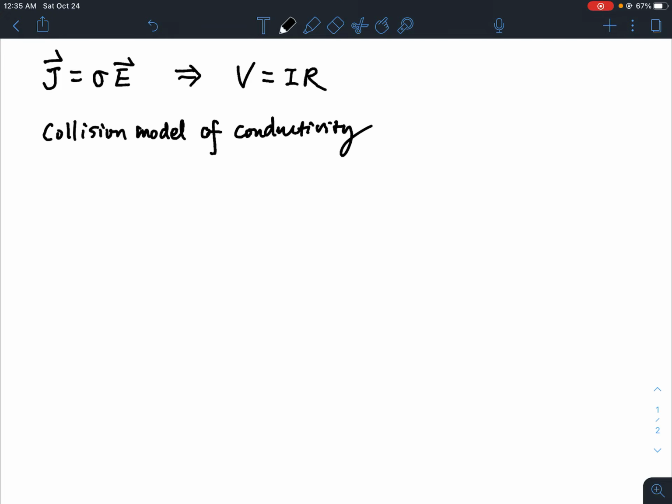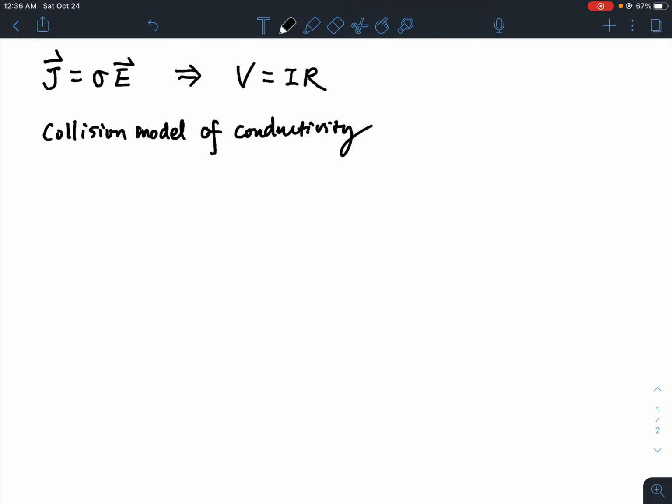In some sense, we can think that the electron's original speed is zero. It accelerates with some acceleration, travels some distance, then hits an atom and its speed is reduced to zero, and then it accelerates again. Of course, the directions are random.